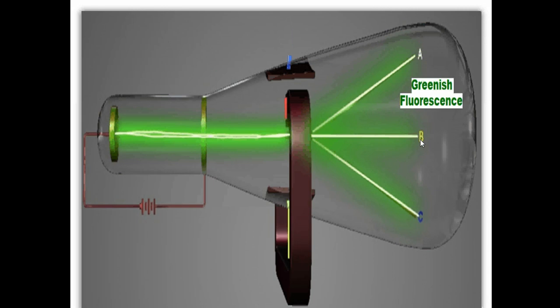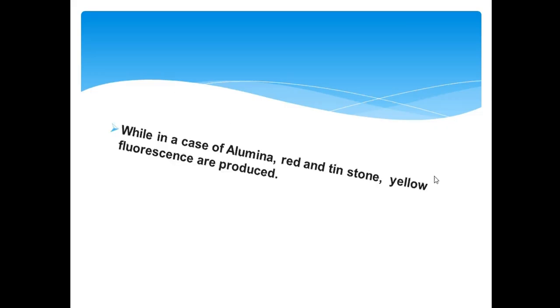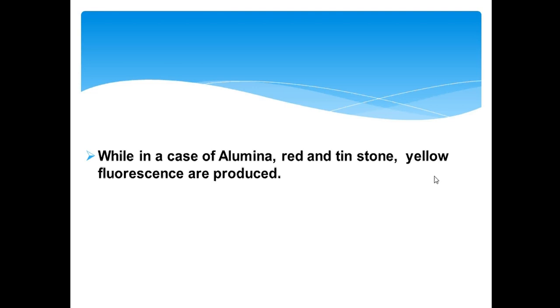Look at this light, in which greenish glow can be seen due to glass screen. While in the case of alumina, red fluorescence and tin stone, yellow fluorescence are produced.